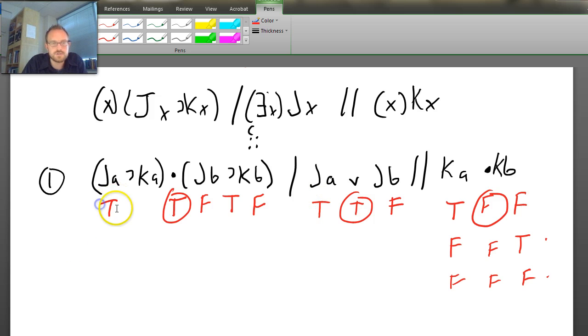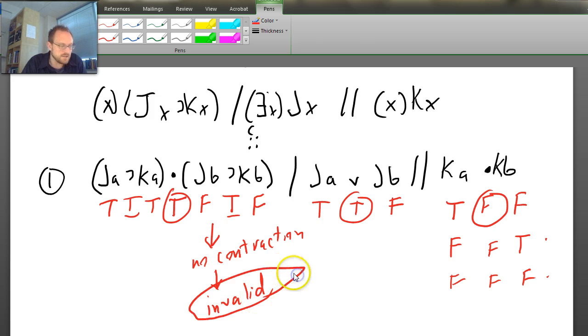So JA is true over here. Now remember, in order for this conjunction to be true, both have to be true. This one's true. Will this one work out to be true? KA we said was true, so true and true is true, which means this works out. Since there's no contradiction, my assumption of invalidity worked out, and that means this is invalid. Okay, this is invalid. That one wasn't difficult.